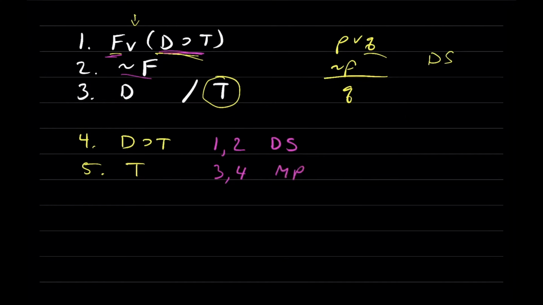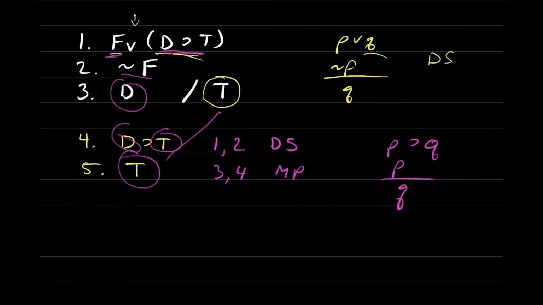And if you remember, Modus Ponens was P implies Q, P, therefore Q. And that's what we have going on here. We have if D, then T, D is true, therefore T has to be true. And we're done. Once we've reached the conclusion on its own line, we've shown that the argument has to be valid, that the conclusion T necessarily follows from the premises that are given.